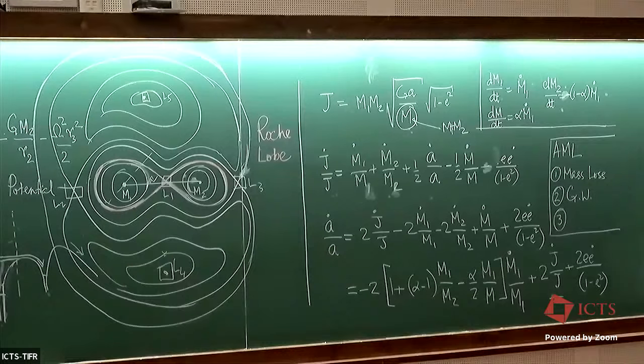So this is what is called magnetic braking. And this could be very important in the evolution of binary systems, closed binary systems containing a compact star and a regular main sequence type of star.